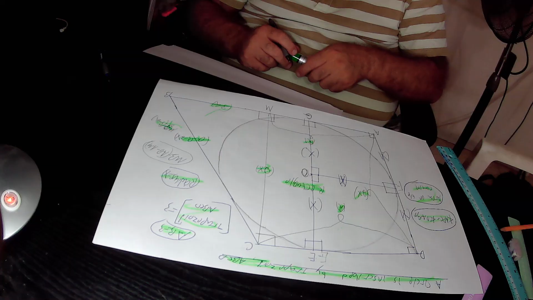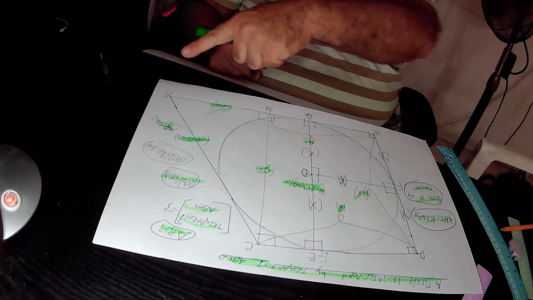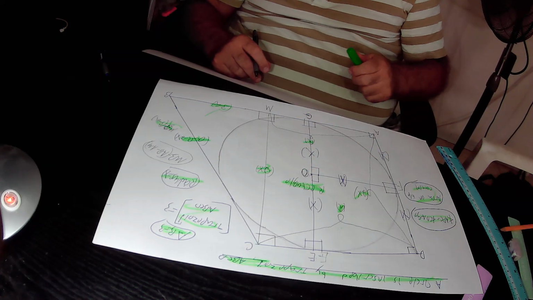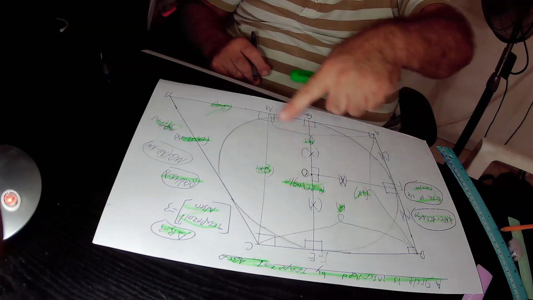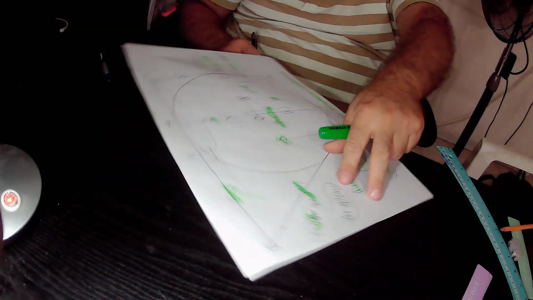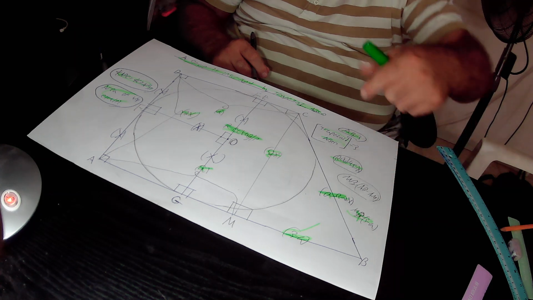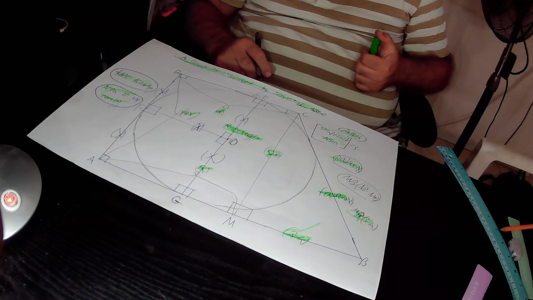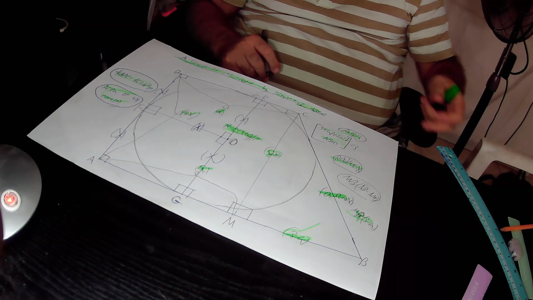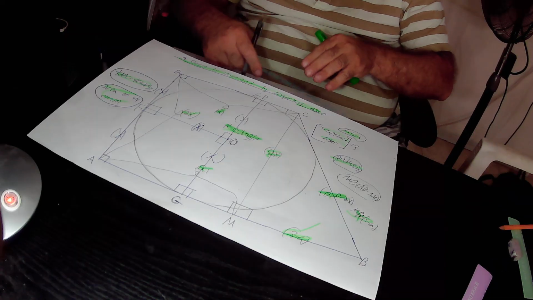In the next step, I'll copy the big right triangle CMB in a new page, and we implement the Pythagoras theorem on this big right triangle CMB. This is the big right triangle CMB. According to the Pythagoras theorem, in any right triangle, the square of the hypotenuse equals the sum of the squares of the perpendiculars.